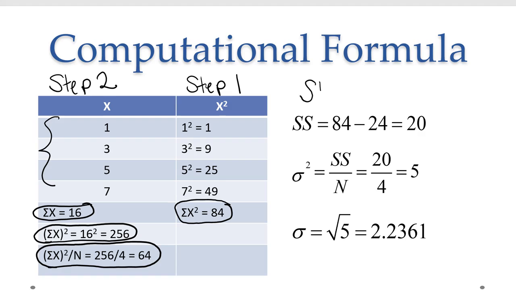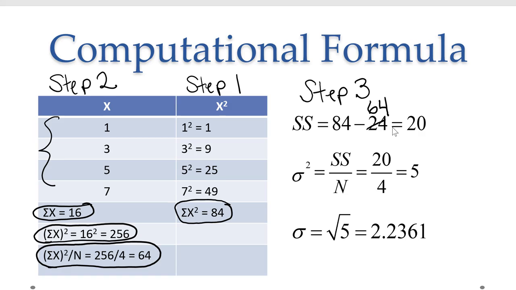Step 3. Subtract your answer in the second step from your answer in the first step. 84 minus, whoops, this should be 64. So 84 minus 64 is equal to 20.